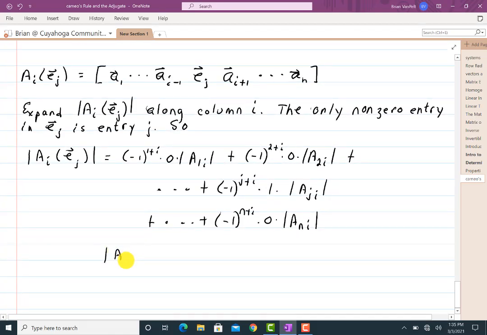So we have the determinant of A sub I E j will equal -1. I'm going to change these so you can recognize it more readily.